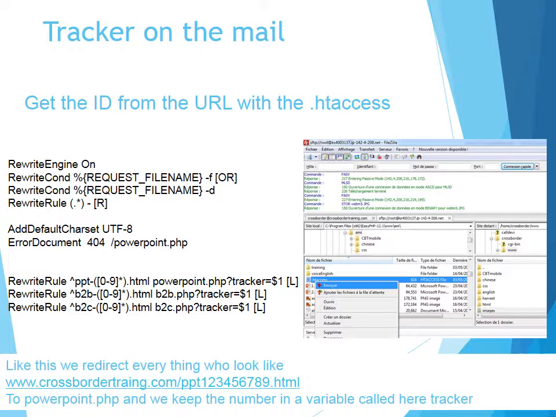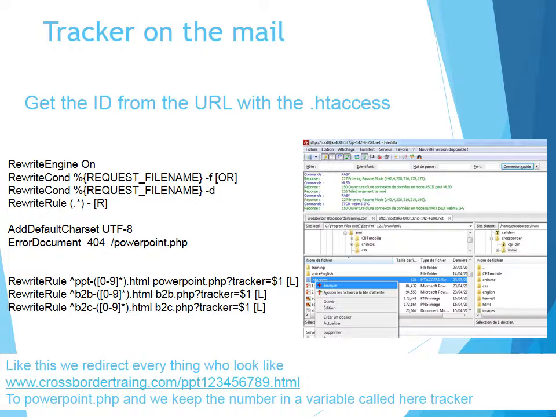Here you can also say that if there is a 404, if nothing works and there is no rewrite rule for something, you can go to the PowerPoint, whatever. The rewrite rules are the last three lines. RewriteRule ppt-, then in parentheses 0-9, which means a number. I want a number, then .html.